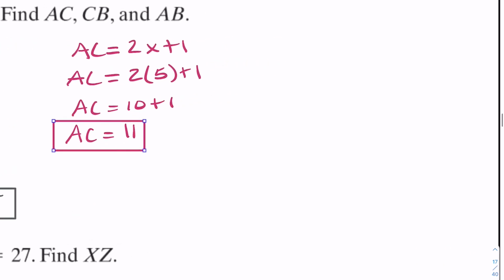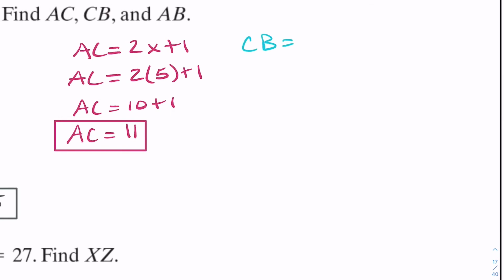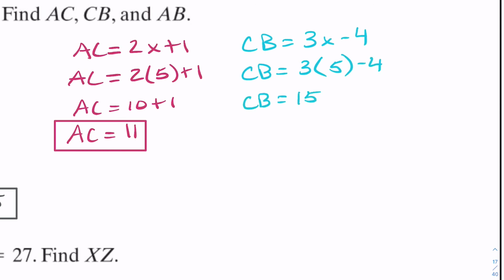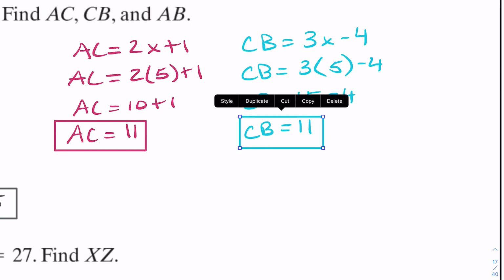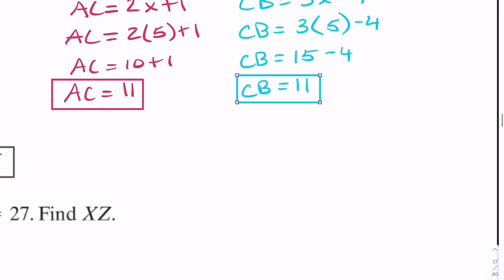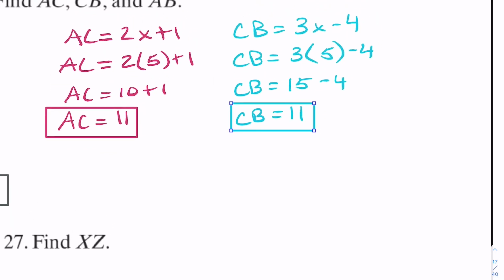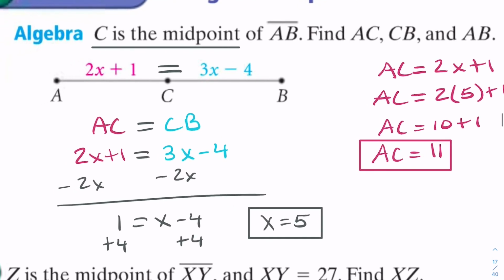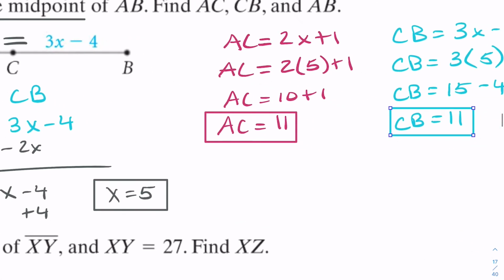CB is 3x minus 4. CB equals 3 times 5 minus 4. CB equals 15 minus 4. CB equals 11. Well, that's cool. AC and CB are equal. Well, they have to be because it's a midpoint. So we should have gotten two values that were equal to one another.